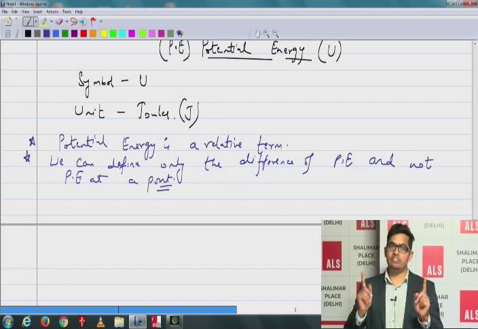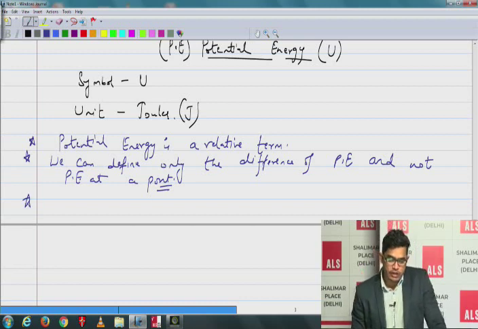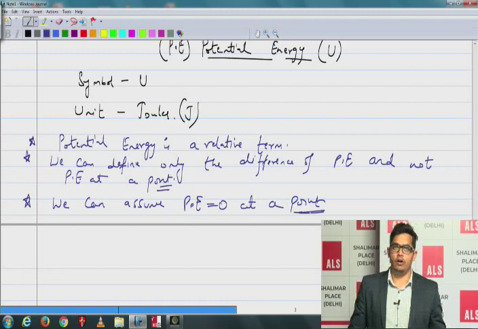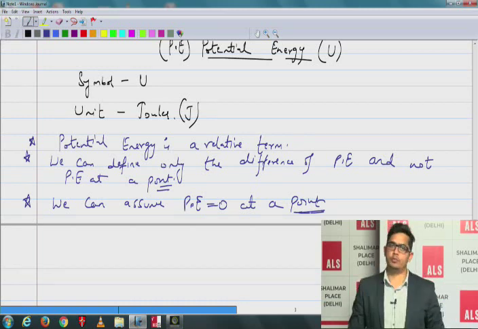It is always the difference which we can define. But good news is, we can assume potential energy to be zero at a point. Since it is a relative quantity, I can say this point is zero potential and this point is that much potential.